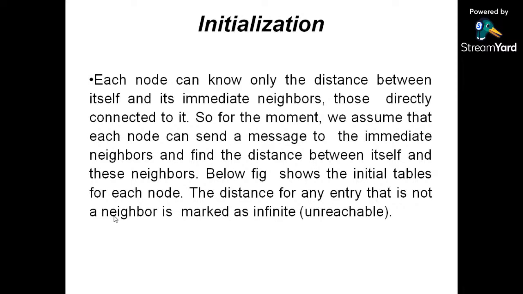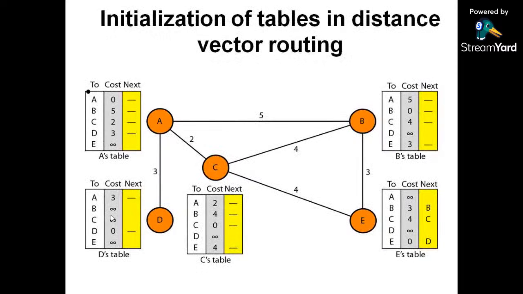For the initial table for each node, the distance for any entry that is not a neighbor is marked as infinity, that is, unreachable. Let's see initialization of tables in distance vector routing.